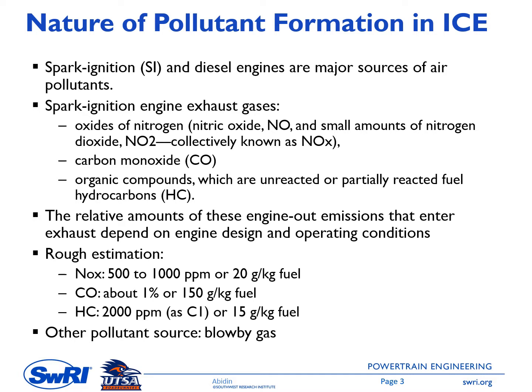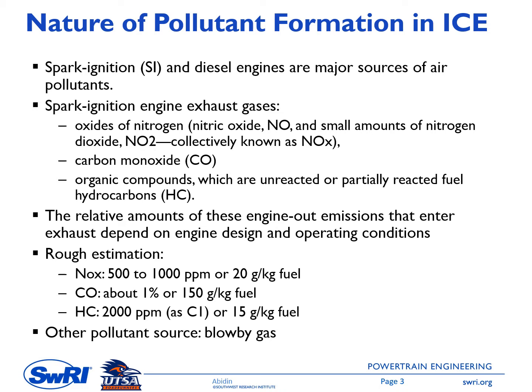As has been discussed in the previous chapters, spark ignition and compression ignition engines are major sources of air pollutant. This is through the burn gas that exit the engine through the exhaust system. In the spark ignition engine exhaust gases, it can contain several burn gas species. Some of these are air pollutant.